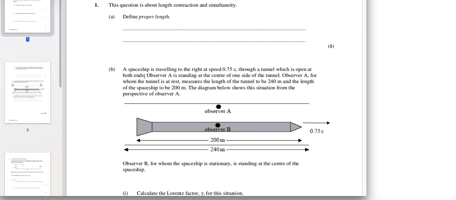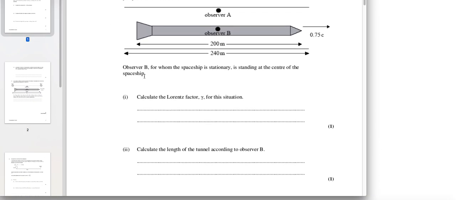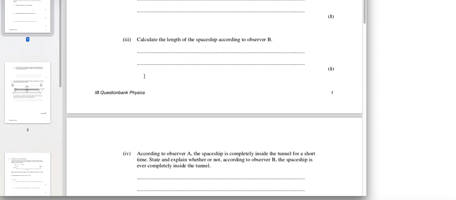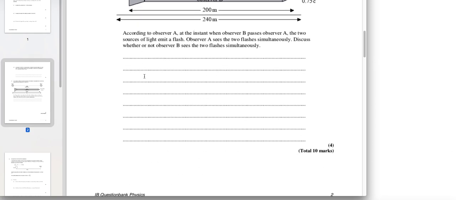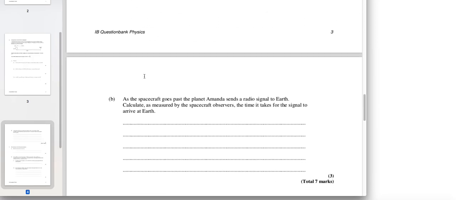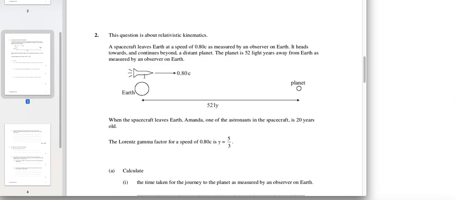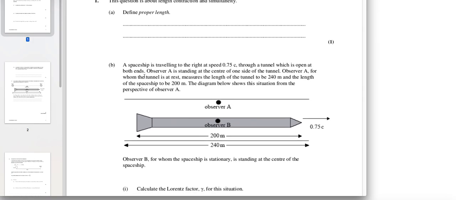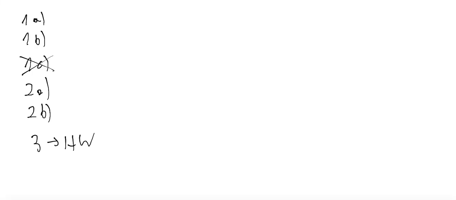So for 1A you have 1 point, and for 1B, 2, 3, 4, 5, 6 points. And for the second exercise, 1, 2, 3, 4, 5, 6, 7. So together you can collect 13 points. So let's spend 25 minutes with exercise number 1 and exercise number 2.